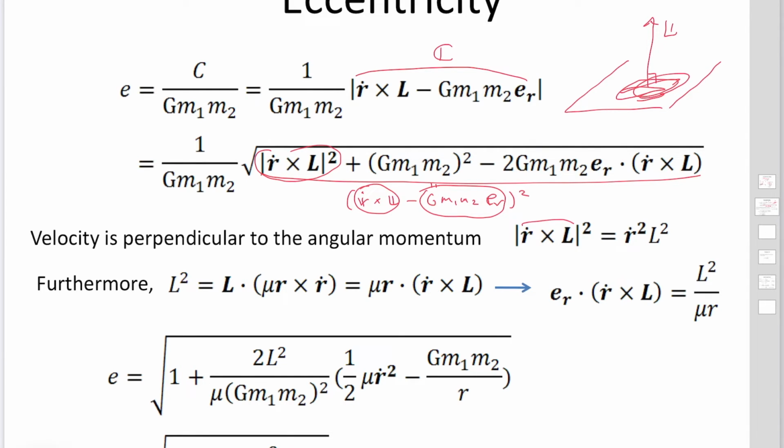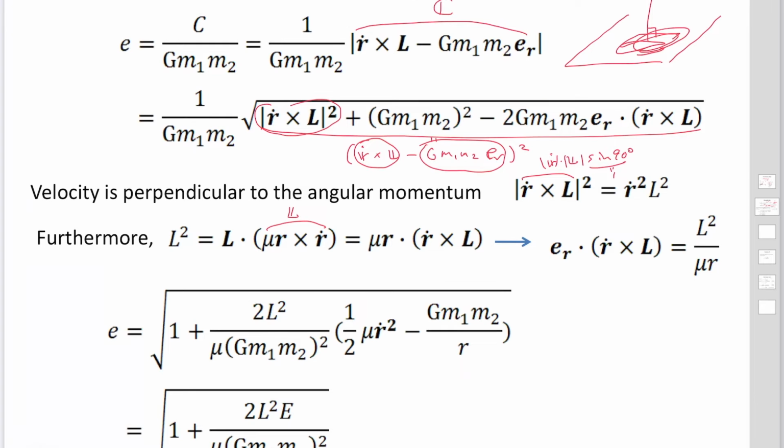So this becomes r dot times L, magnitude L, and it becomes sine 90 degrees. Sine 90 degrees is one. So r dot squared plus L squared. And L squared can be expressed as L dot mu. This is actually the L.